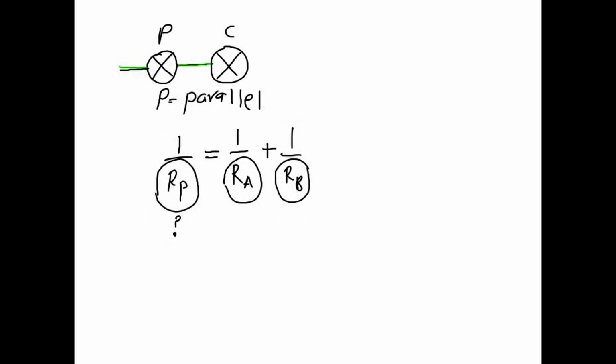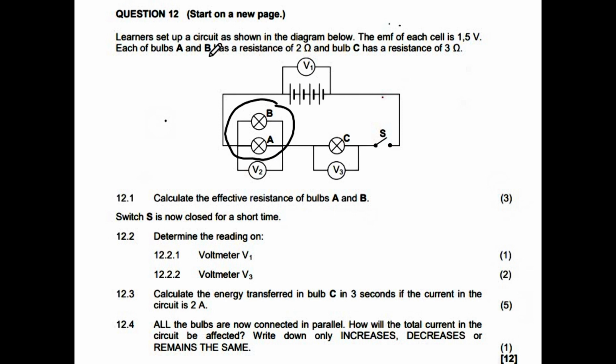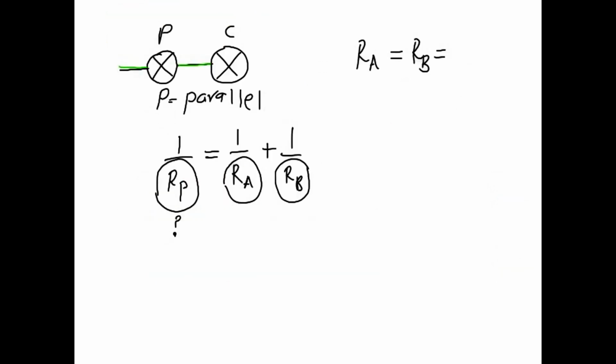We were given that the resistance of A equals the resistance of light bulb B. And how much was that value? Do you remember? They said each of bulbs A and B has a resistance of 2 ohm. So those two light bulbs have the same resistance, 2 ohm.